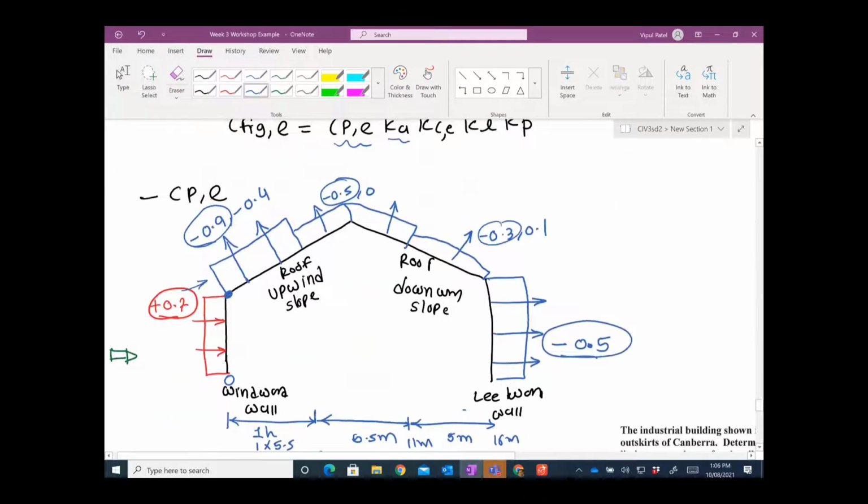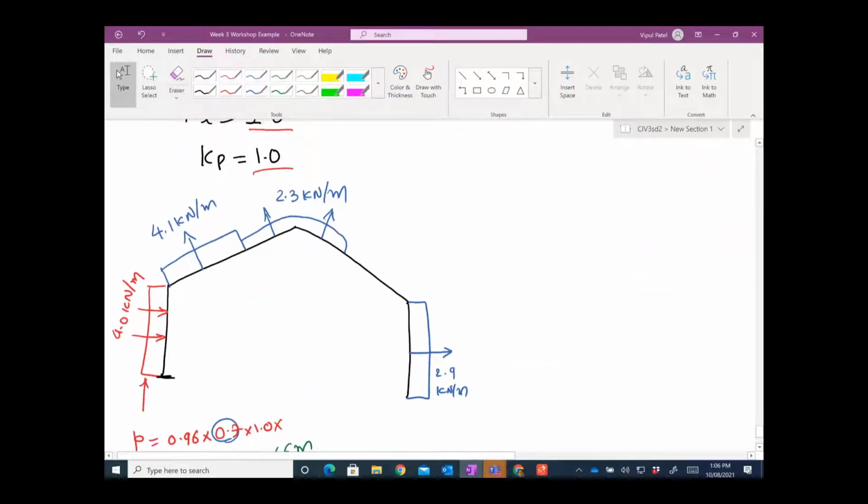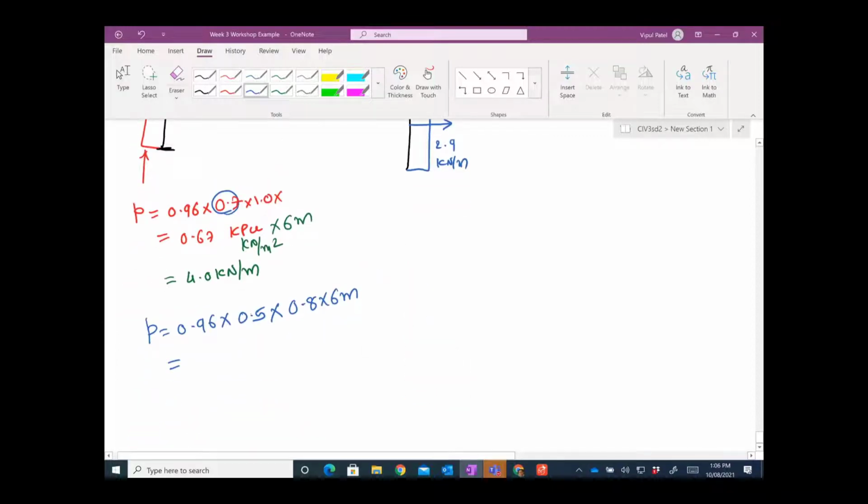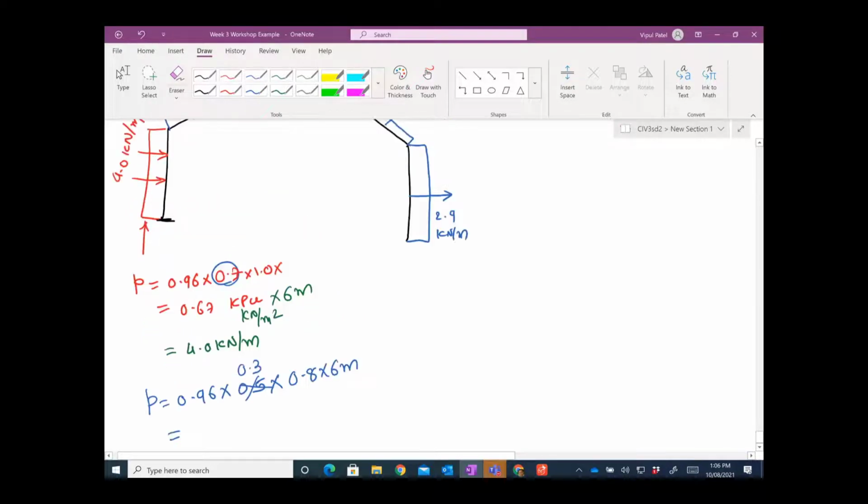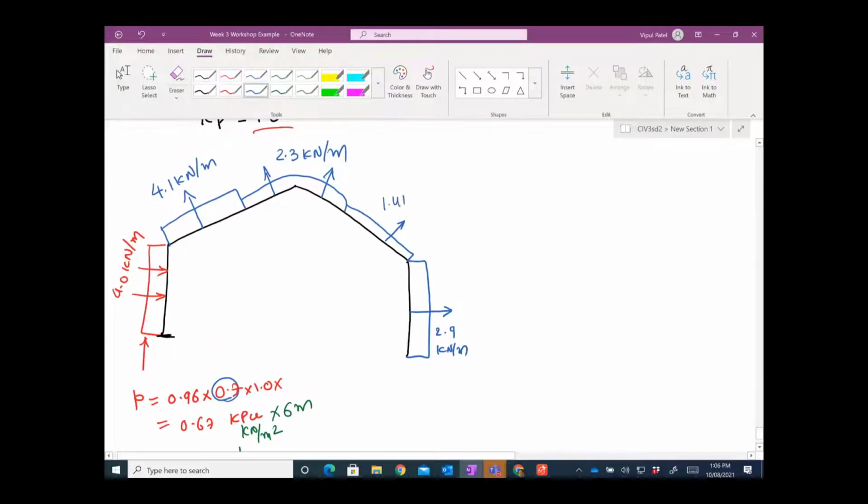I'm just taking the first number, so minus 0.3. So you will have minus, meaning it's going this way. So just substitute 0.3 here, you will get 1.4, and I'm not putting minus because the arrow will tell me whether it's minus or plus. Okay, so that's all UDL load coming onto that portal frame.